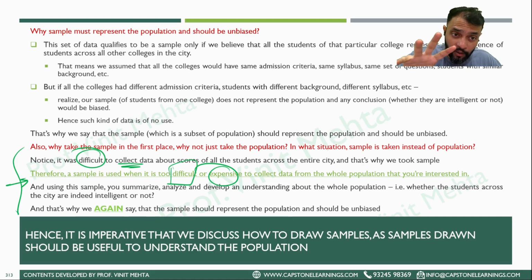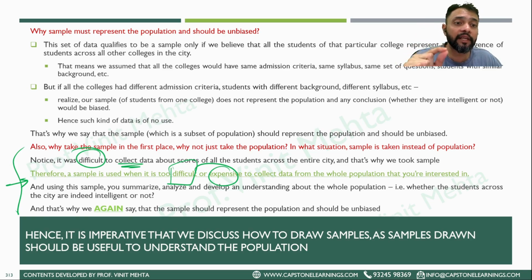कि भाई सैंपल को कैसे उठाए यूनिवर्स में से, पॉपुलेशन में से. And that is the reason why this topic is called sampling and estimation. And now you'll know the word estimation. First, we will talk about how to draw the sample such that it represents the population and is unbiased. ये दोनों objective fulfill होना चाहिए. उसके हिसाब से sample को draw करना है.